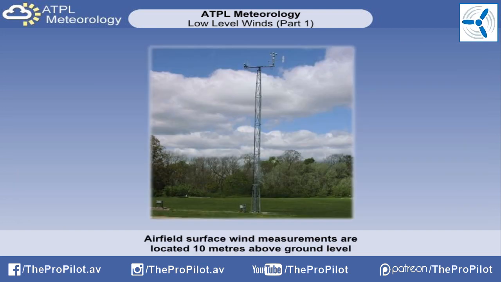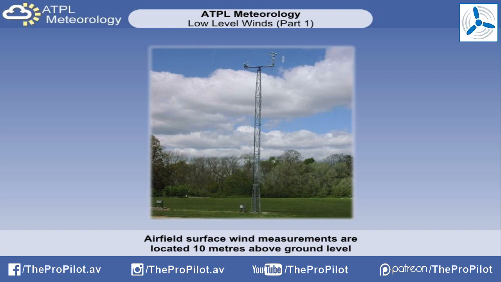These instruments are used around airfields to calculate the approximate surface wind velocity for aircraft either taking off or landing. The definition of the surface wind is one that blows at approximately 10 meters above ground level.